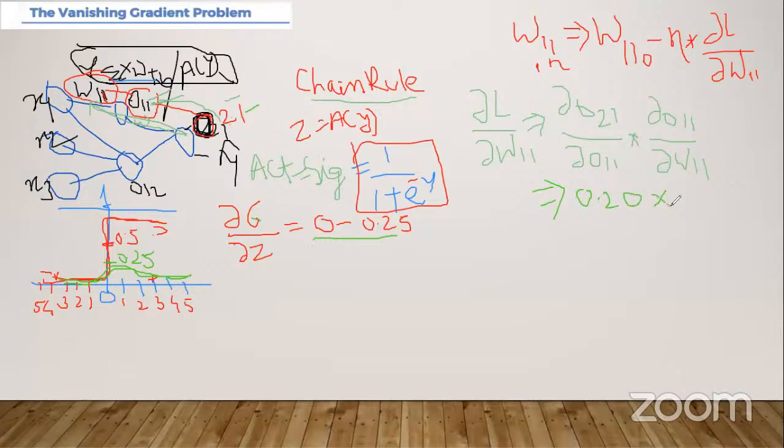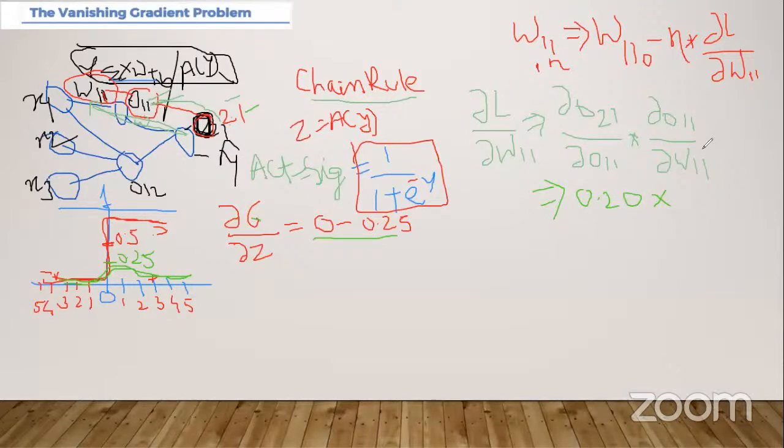I'm taking the value randomly because it cannot be more than 0.25. Whatever derivatives we take will always lie between 0 and 0.25. So the first derivative, which includes the weights and biases, came to around 0.20.